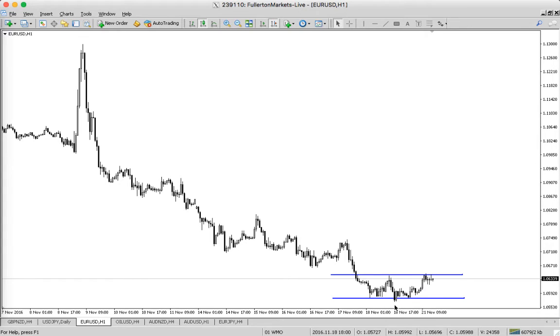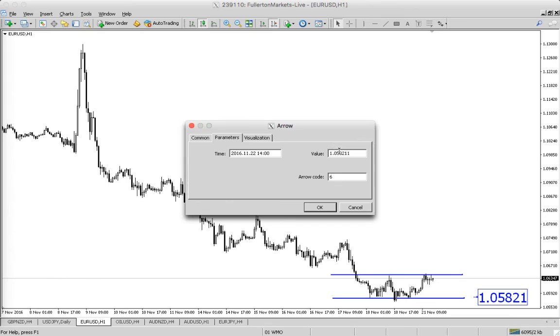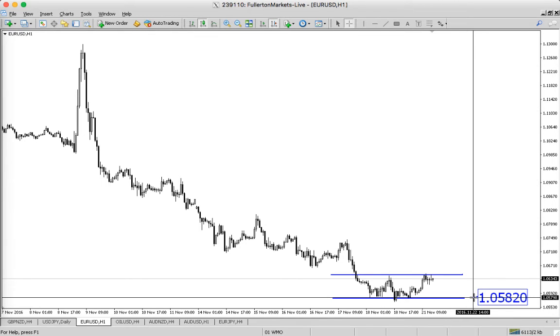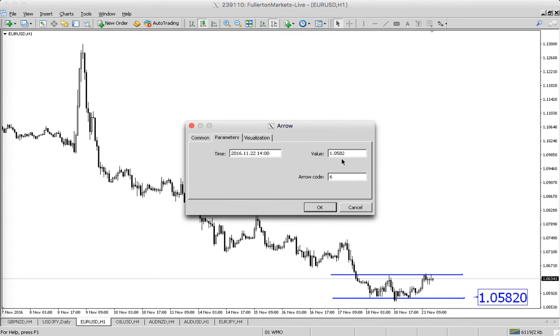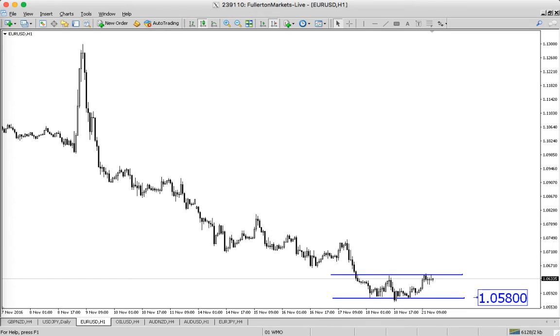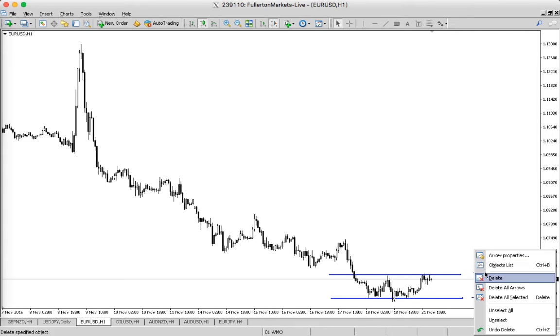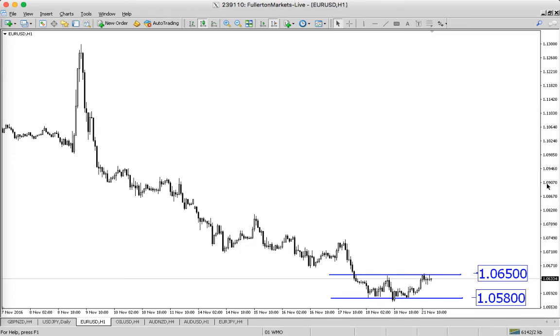This sudden spike down, sometimes I do ignore because it's only one point that is referenced lower. Okay, so roughly these will be the boundaries of euro dollar, 1.0650 and 1.0580.